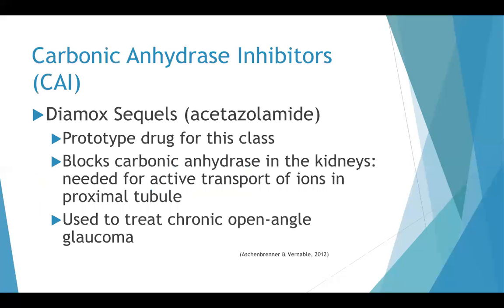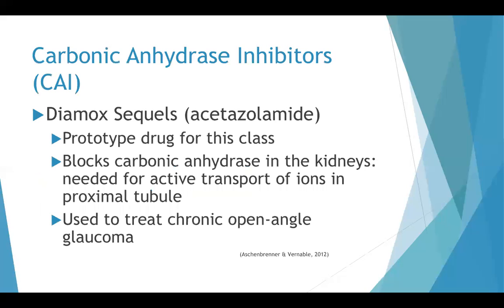Diamox Sequels is the prototype drug for this class. We'll just call it Diamox. It's used to treat glaucoma. It is used as an adjunct to treat epilepsy and to prevent mountain sickness. It can be given orally or via IV.